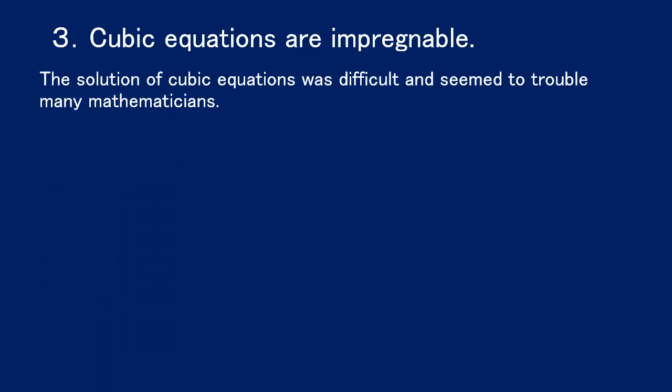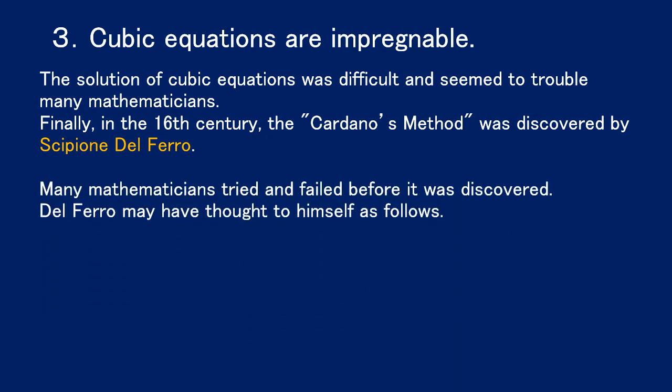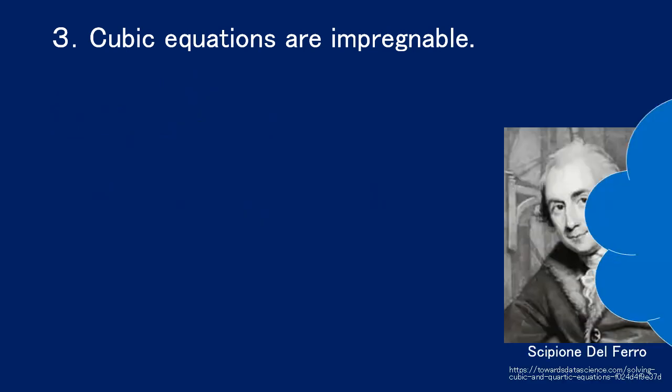The solution of cubic equations was difficult and seemed to trouble many mathematicians. Finally, in the 16th century, Cardano's method was discovered by Scipione Del Ferro. Many mathematicians tried and failed before it was discovered. Del Ferro may have thought to himself as follows. It's impregnable.